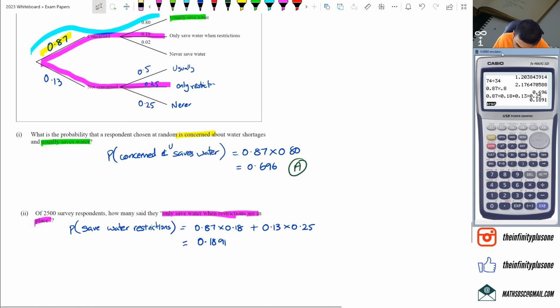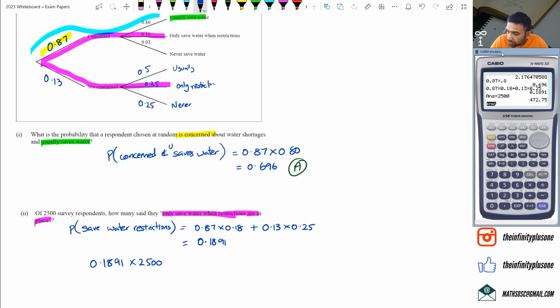And because I've got 2,500 people, I'm going to go 0.1891 times 2,500. That's going to give me 472.75. So the expected number here is 473. They also accept 472 respondents.